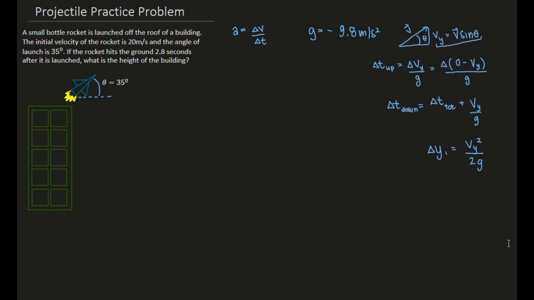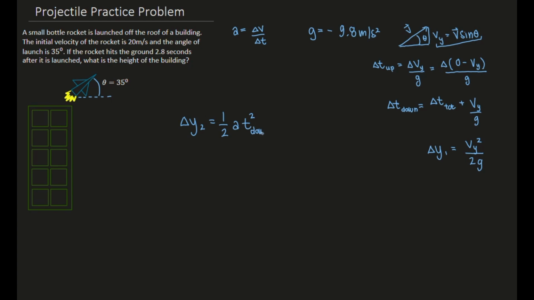Now let's calculate the second height. The second height is going to come from the second time frame, the time it takes for the rocket to go down. Let's call this change in y2. This is the change in y going down, and that's going to be equal to 1/2 a t squared, and this is the t going down.